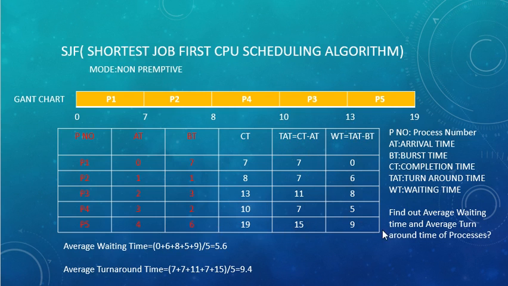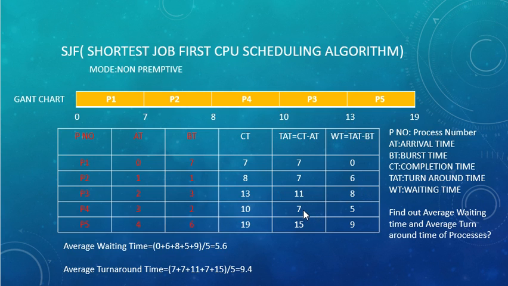Waiting time, again the formula is turnaround time minus burst time. Turnaround time of P1 is 7, burst time of P1 is 7, 7 minus 7, 0. Next, turnaround time of P2 is 7, burst time is 1, 7 minus 1 is 6. Again, turnaround time of P3 is 11, burst time of P3 is 3, 11 minus 3 is 8.